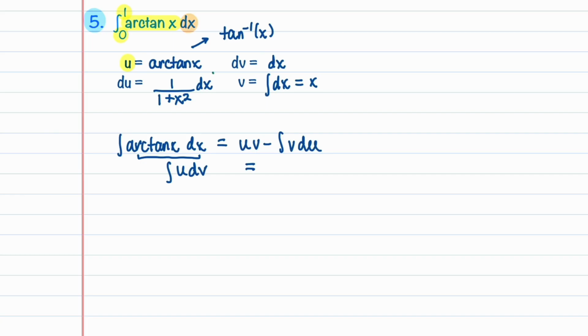Let's multiply u times v. That gives us x arctan x, and then we're going to subtract off the integral of v times du. Our v is x, and then our du is 1 over 1 plus x squared dx.